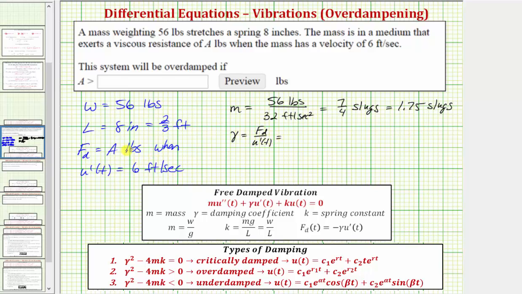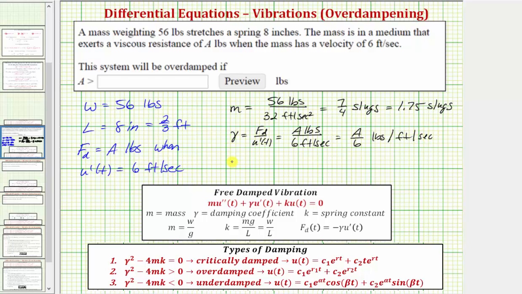So we would have A pounds divided by the velocity, which is 6 feet per second. So we'd have A divided by 6. We can write this as pound seconds per foot, or if we want, we can write this as pounds per foot per second.